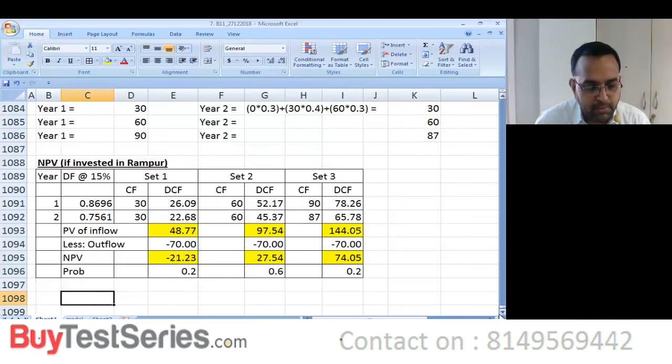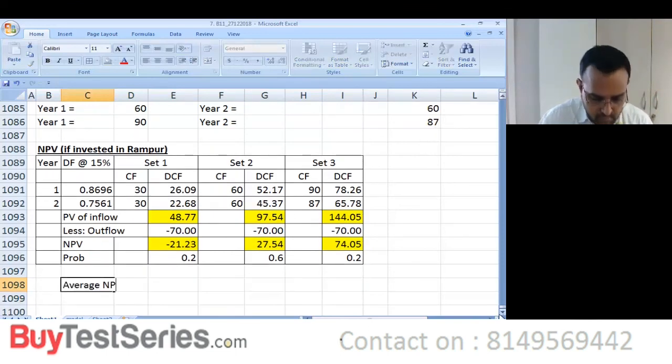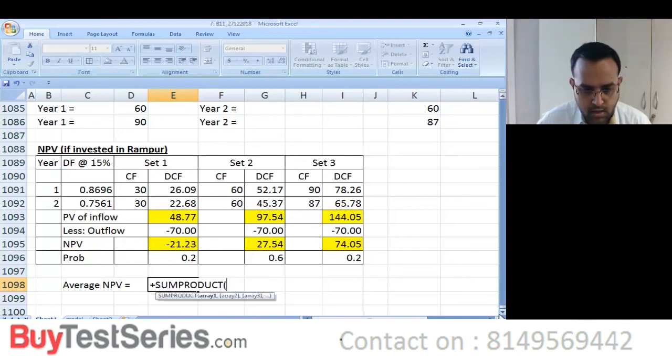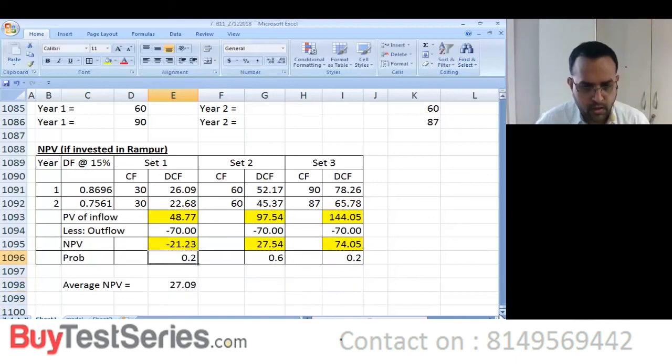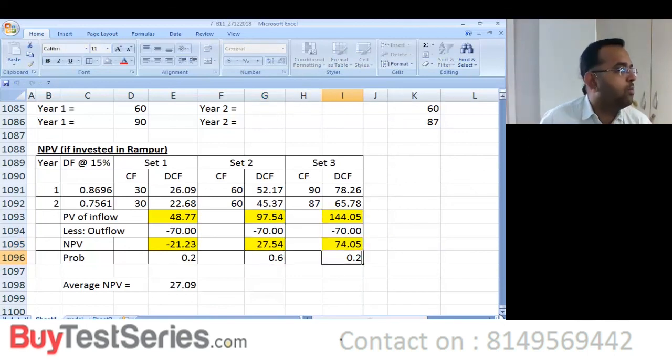And then I will say average NPV is this multiplied by this. Minus 21.23 into 0.2 plus 27.54 into 0.6 plus 74.05 into 0.2. Right? Please go ahead.